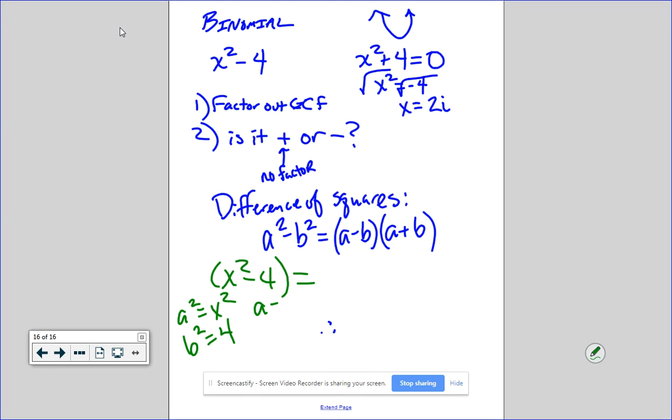So that means a by itself is just x. What's b by itself? What's the square root of 4? 2. So x squared minus 4 factors to x minus 2, x plus 2. x minus 2, x plus 2.